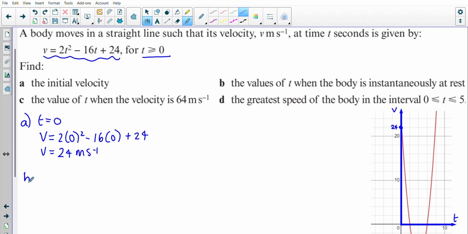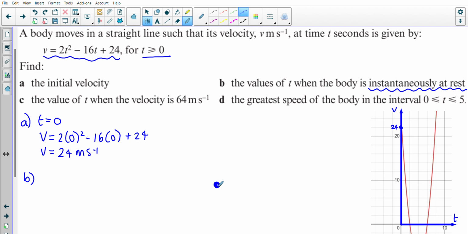If I go to B, the values of t when the body is instantaneously at rest. We have seen this happen, this word, instantaneously at rest, before, but maybe we've not heard of that actual terminology.